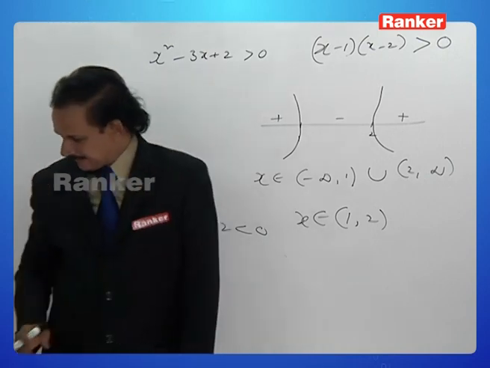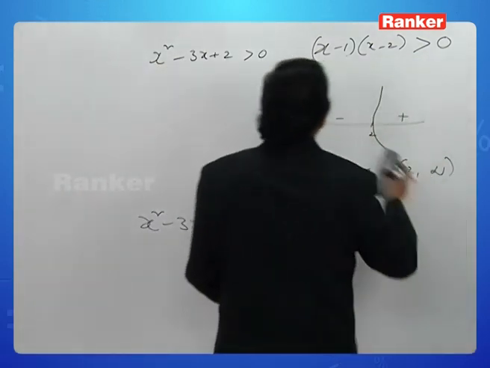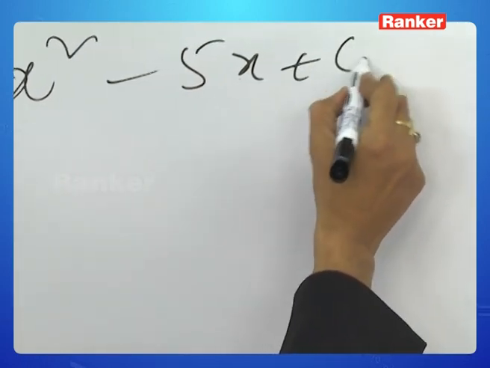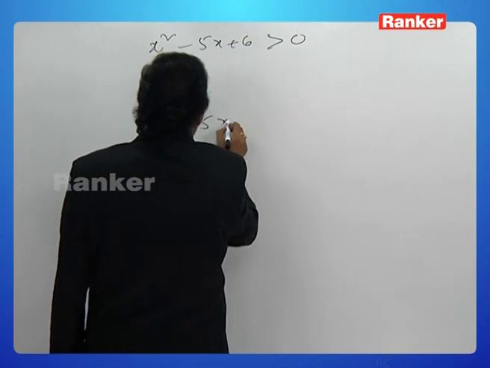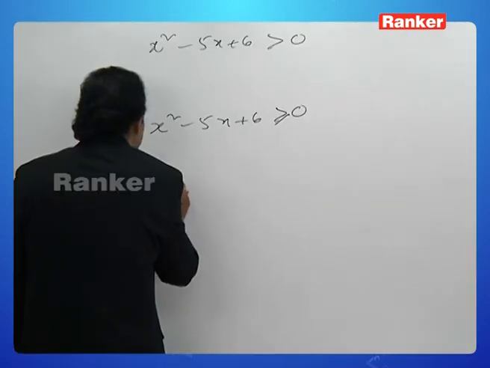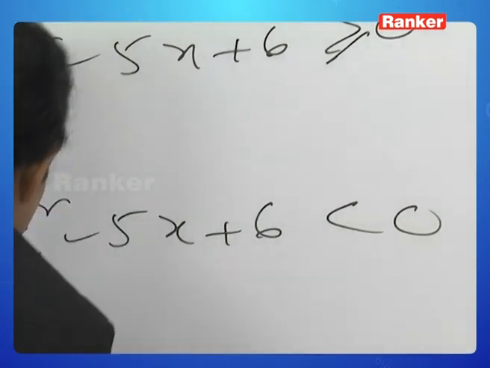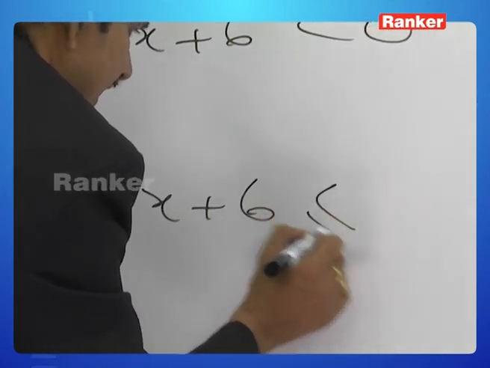To make it clear, let us consider one more such example. x square minus 5x plus 6 greater than 0. x square minus 5x plus 6 greater than or equal to 0. x square minus 5x plus 6 less than 0. x square minus 5x plus 6 less than or equal to 0.